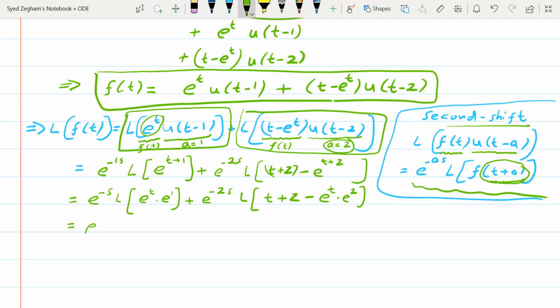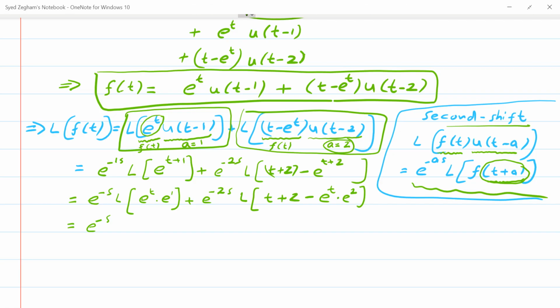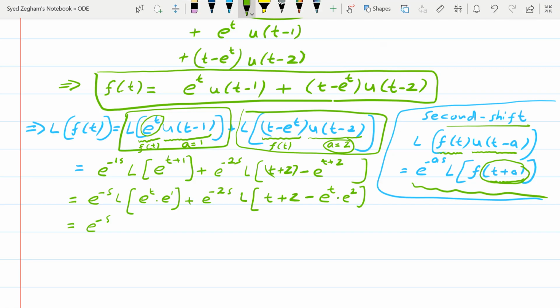Here you have e to the power 1, which is a constant, so using the linearity property of Laplace transform, this constant you can keep outside.